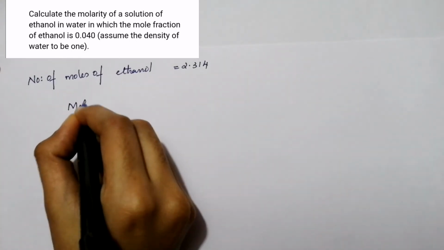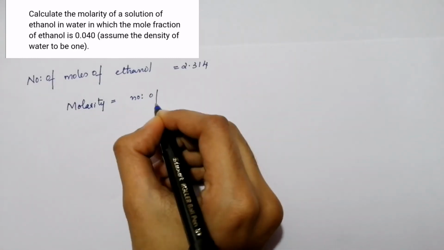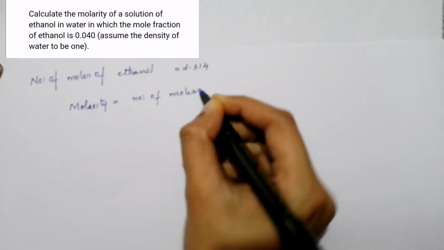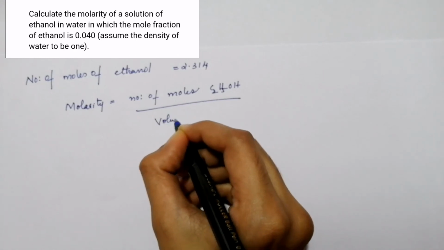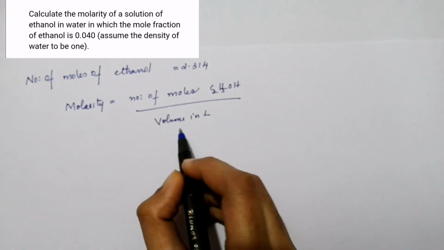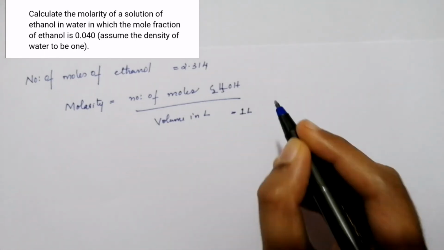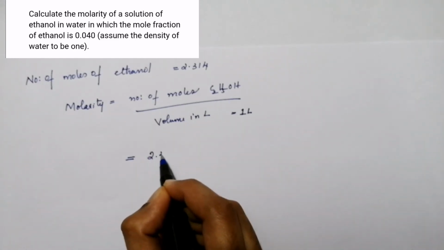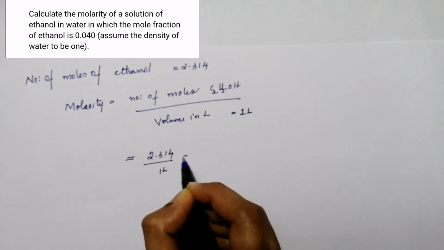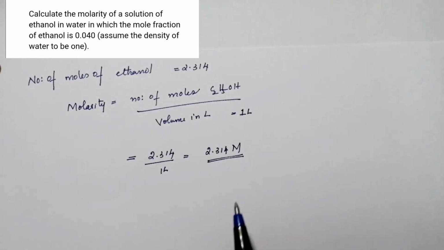Let us come back to this equation of molarity, where we know this is equal to the number of moles of solute, here it is ethanol, by volume of solution in liter. And here we have considered the volume of solution to be 1 liter. So this molarity will be equal to the number of moles of ethanol, that is 2.314, divided by 1 liter, that is 2.314 molar. So this is the molarity of the solution that we were talking about.